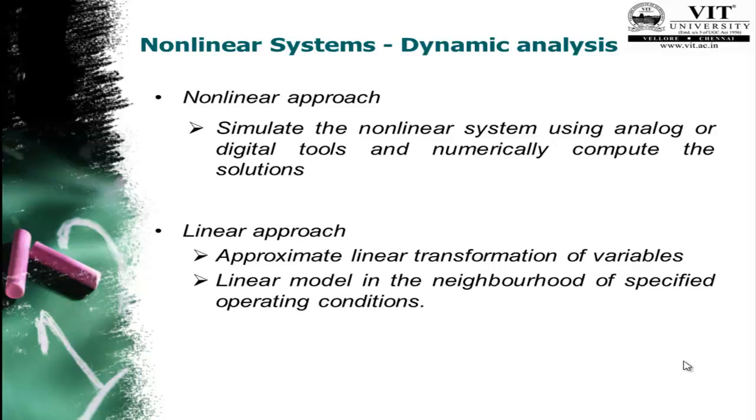And we also have a linear approach, where we find the transformation of variables using some approximate linear transformations, and we build linear models in the neighborhood of some specific operating conditions. So if you know the specific operating point for the nonlinear process, you can find the approximate linear model around that operating point, and you can do the control system design and analysis.